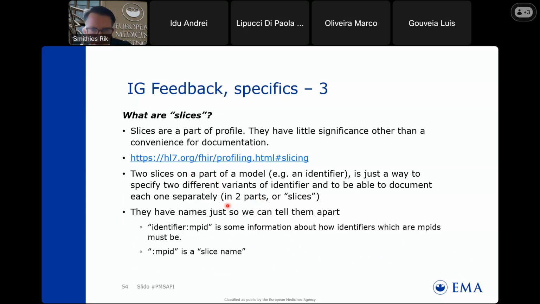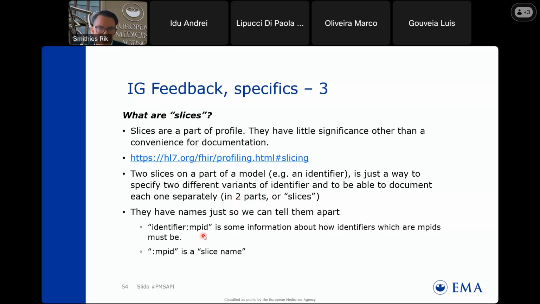Getting very specific, but we had a question about slicing and what slices are. They're a kind of documentation thing, so you don't need to really understand what they are to use them, but because it's an unusual word, I thought I'd clarify it a little bit. If we're documenting the same part of FHIR in two different ways, so there are multiple identifiers in FHIR.